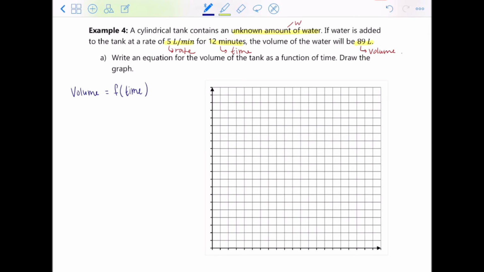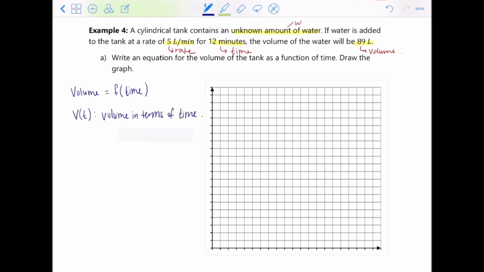We are using the function notation, okay? So another way to write it is volume in terms of time. We can actually say, instead of having two different ways like this, we can just say that V of t is volume in terms of time.